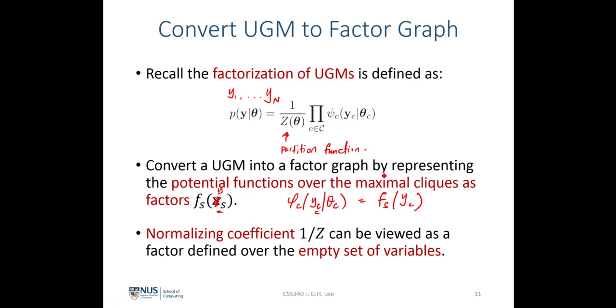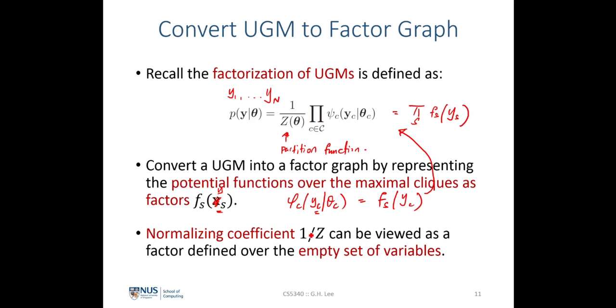And if we were to rewrite this and plug it back into this equation over here, we can see that this would simply turn into the factor graph definition, the factorization definition of a factor graph, a product over S of f_S(y_S). It is important to note that since the partition function is also a factor, it can be considered as a factor over here, but it is independent of any random variable.